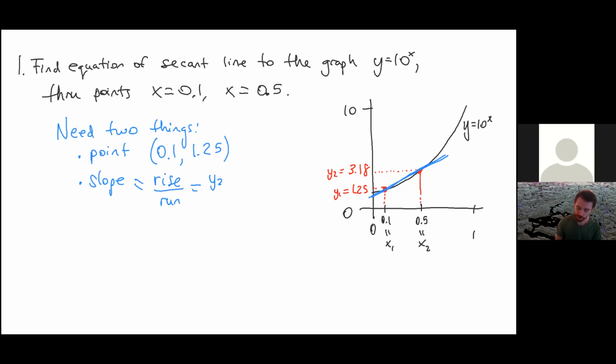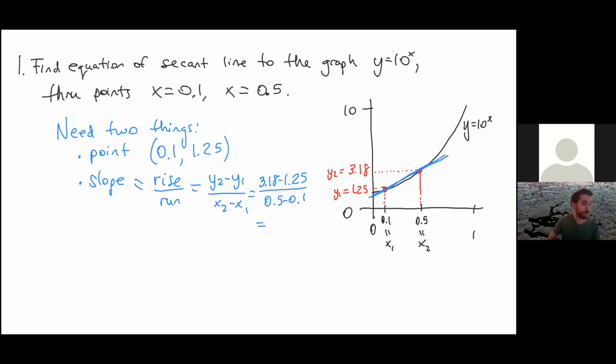Or I could write this out as y2 minus y1 over x2 minus x1, where y2 and y1, x2 and x1 are defined as shown on the graph. Okay, so that's then 3.18 minus 1.25 over 0.5 minus 0.1.